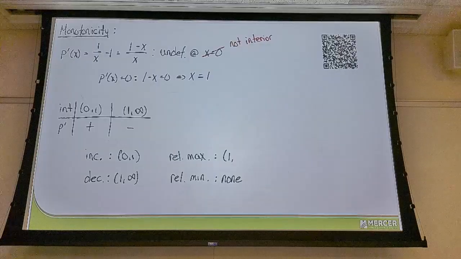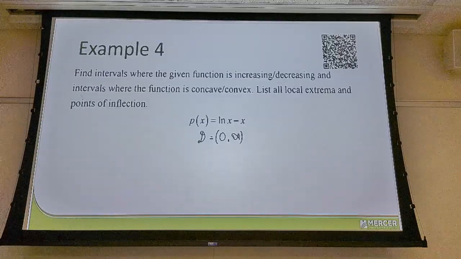At 1. Ln of 1 minus 1. What's log of 1? Say it loud and proud. No? You don't want to say it loud and proud? Is it 0? 0.